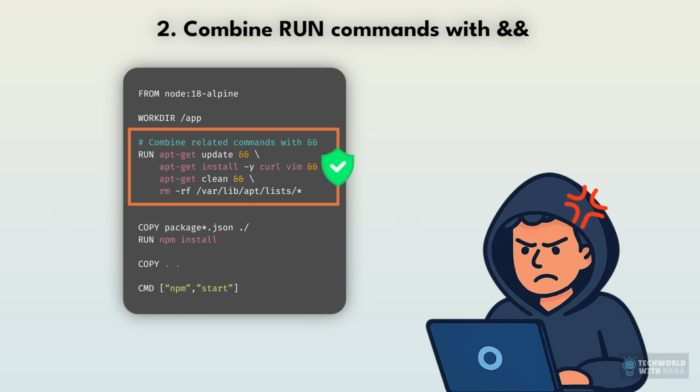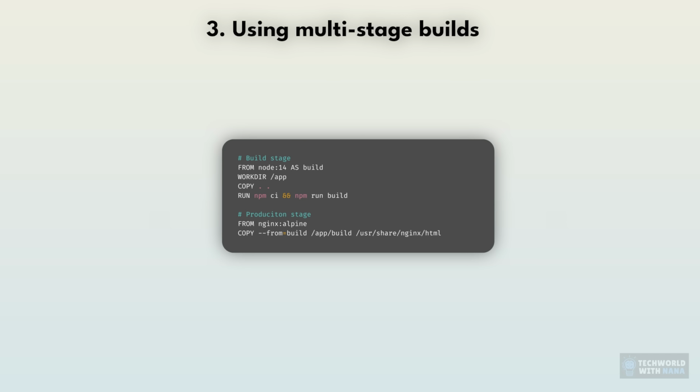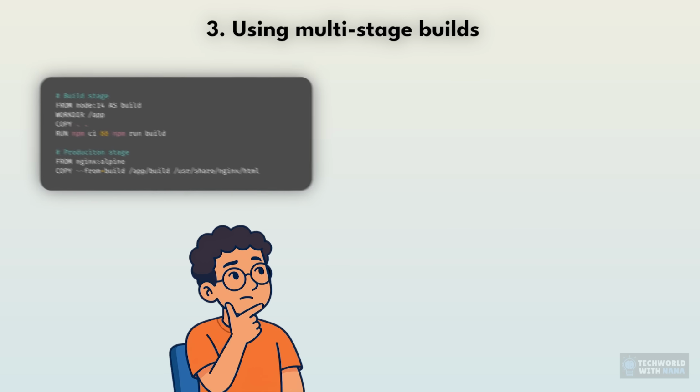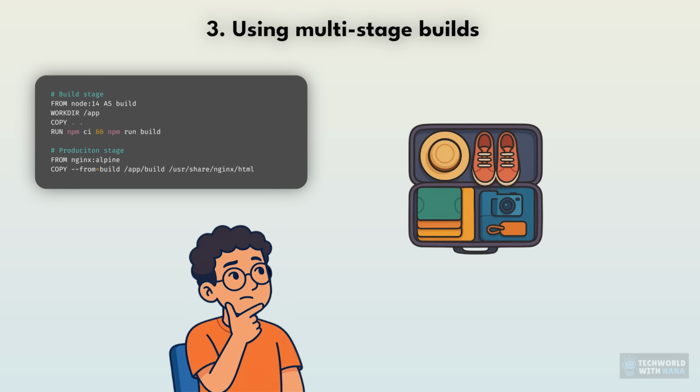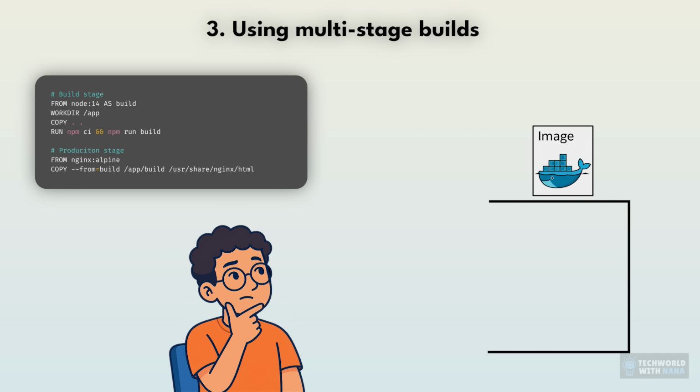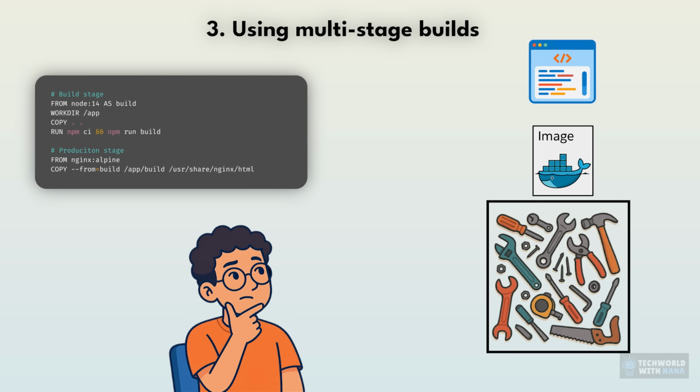Now, in order to create smaller images, another best practice is to use multi-stage builds. You can think of this like packing for a trip. You don't bring your entire closet when you're going on a trip, right? You only bring exactly what you need for that specific trip. So with multi-stage builds, you first use a larger image to build your app because it may have some tools that you need for packaging and building your application.